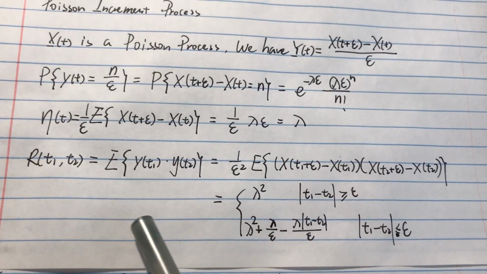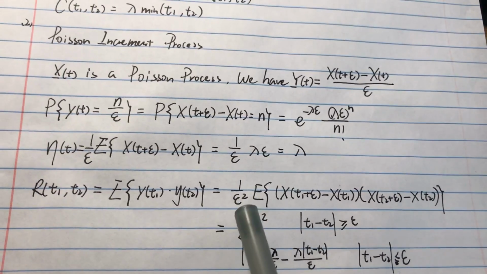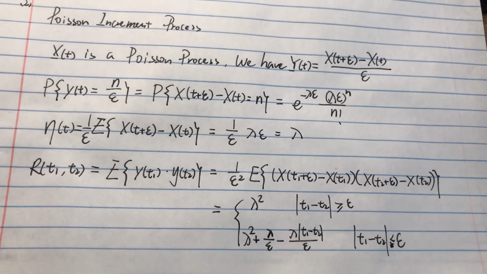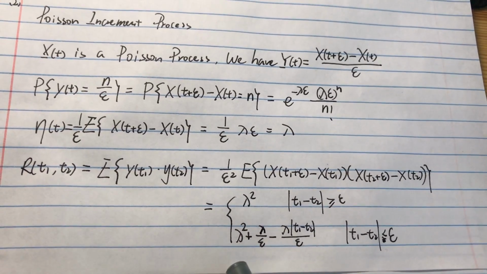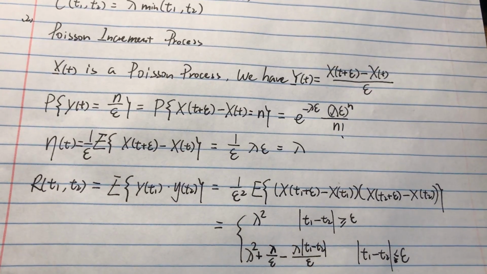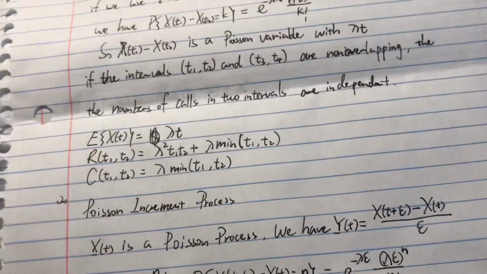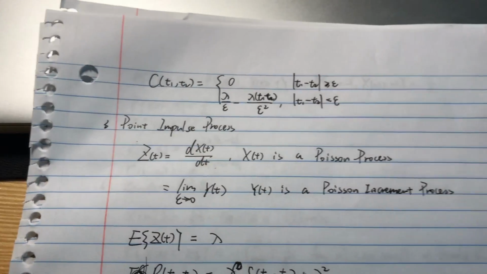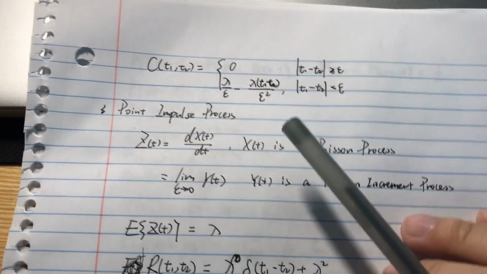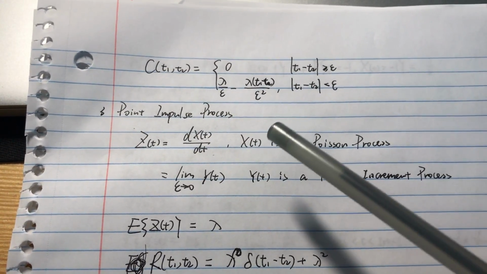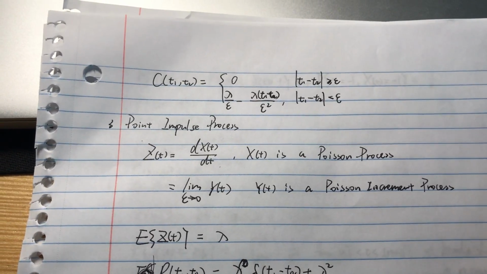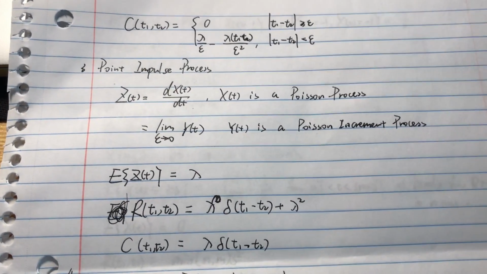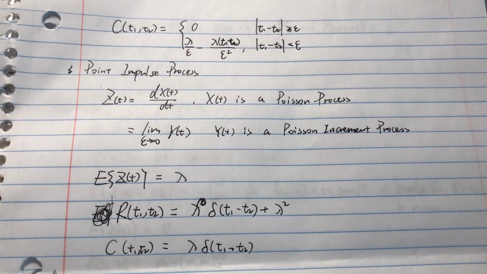The autocorrelation is lambda squared when the interval is greater than or equal to epsilon, and equals this term if the interval is less than epsilon. The covariance is 0 in the first case, and lambda over epsilon minus lambda times the magnitude of t1 minus t2, which is tau, over epsilon squared in the second.